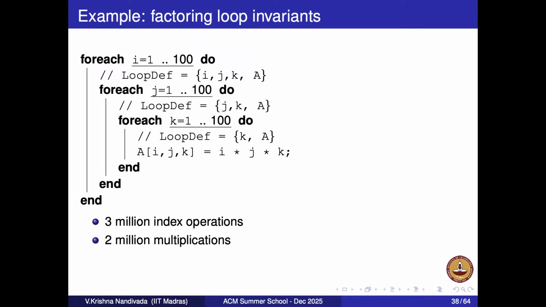When I write A sub I j k equal to blah, this can be seen as T3 equal to A sub I, T2 equal to A sub j, and then T2 sub k equal to blah.